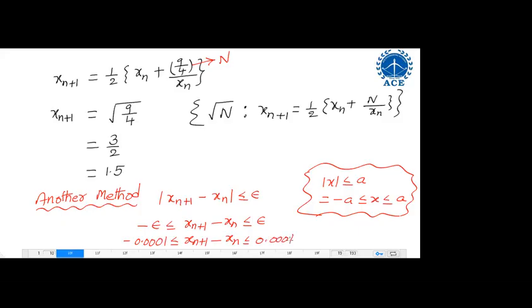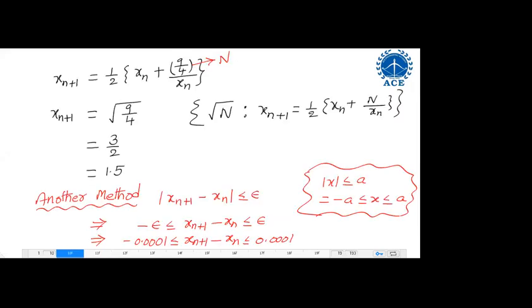So the xn plus 1 minus xn value should lie between minus 0.0001 and plus 0.0001. Any number that lies between these is approximately 0. That's why xn plus 1 minus xn value is 0. So xn plus 1 is equal to xn.